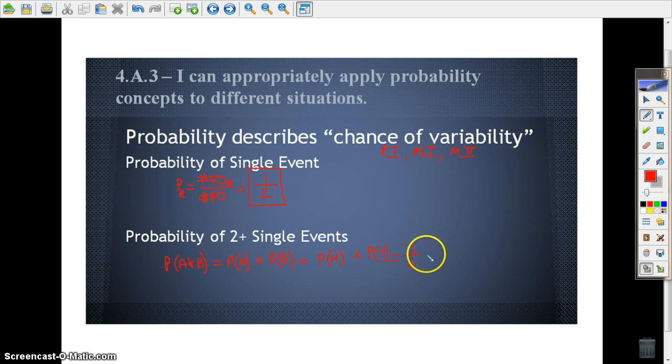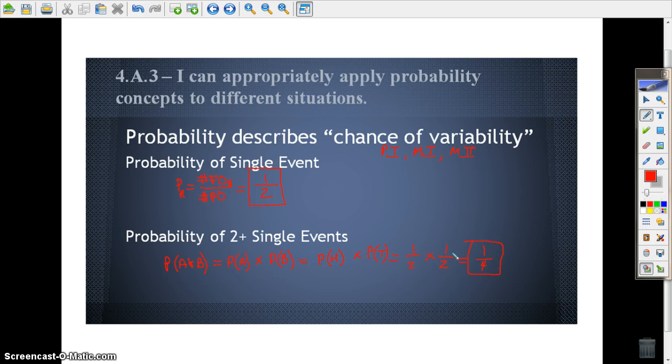Well, we need to do the same thing with tails. The number of favorable outcomes on 1 penny for tails is 1. The number of possible outcomes is 2. When I multiply those things together, I get 1/4. So the probability of getting a heads and a tails on 2 separate pennies is 1/4.